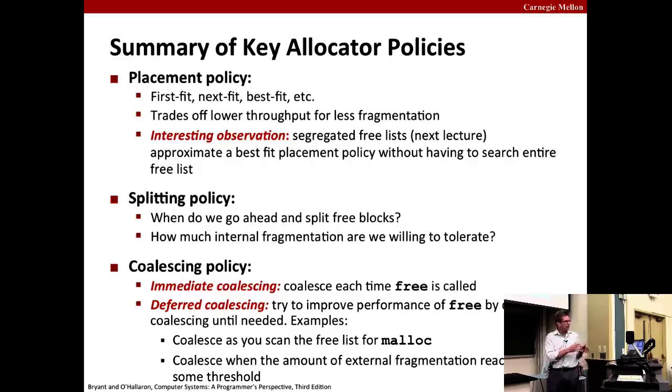As you scan that free list, you could do the coalescing at that time. I'm not saying which one is better. It's really hard to argue for deferred coalescing, given the constant time performance of boundary tag based coalescing. But it is an option.